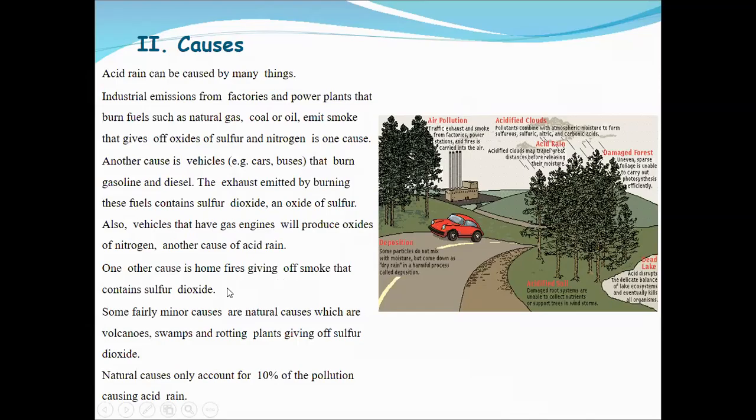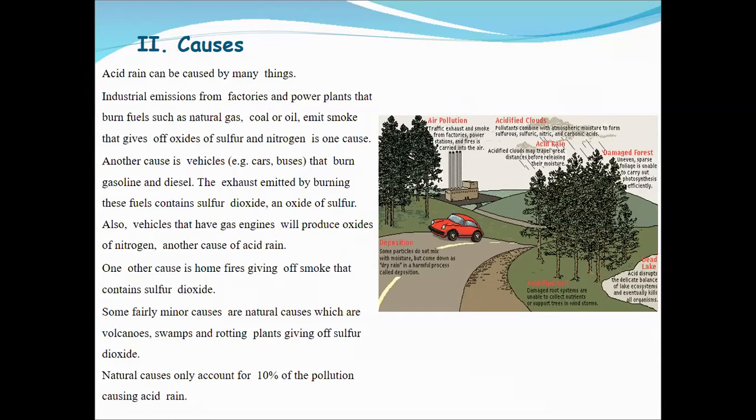Those who live on the village side cook in the kitchen, using dry plants or dry coal as fuel in their household. So they also emit oxides of sulfur and nitrogen, which cause acid rain.